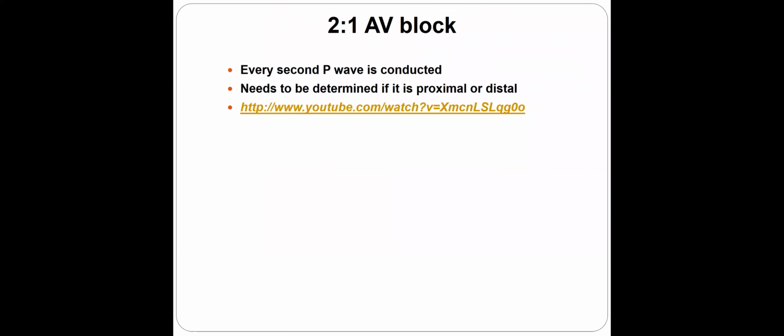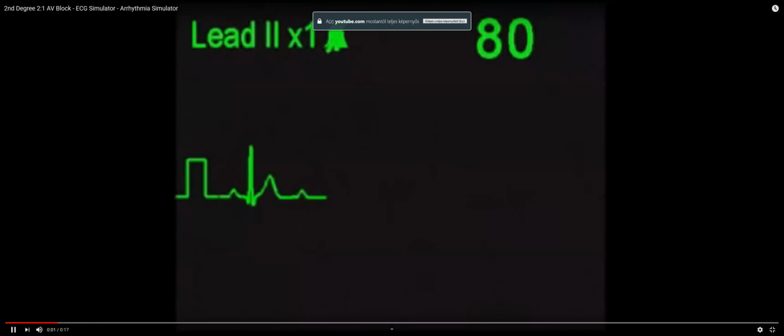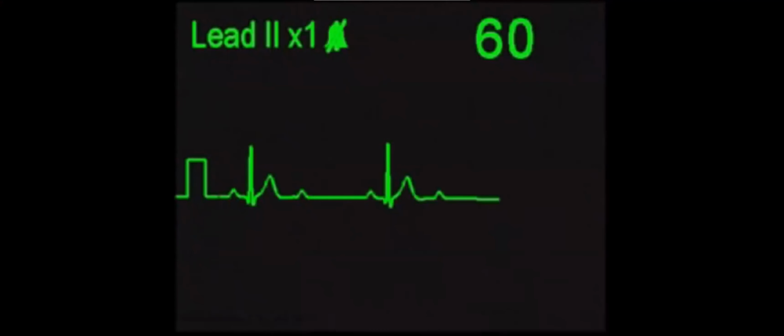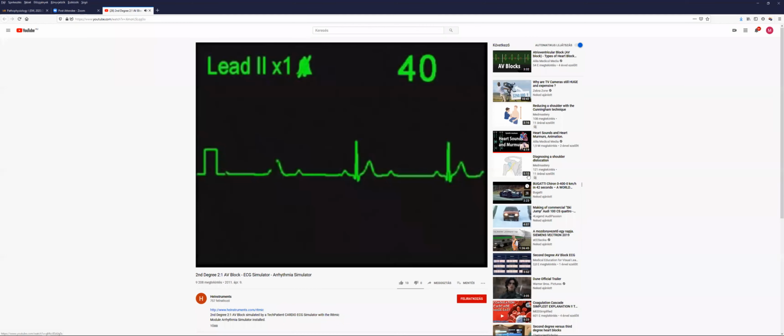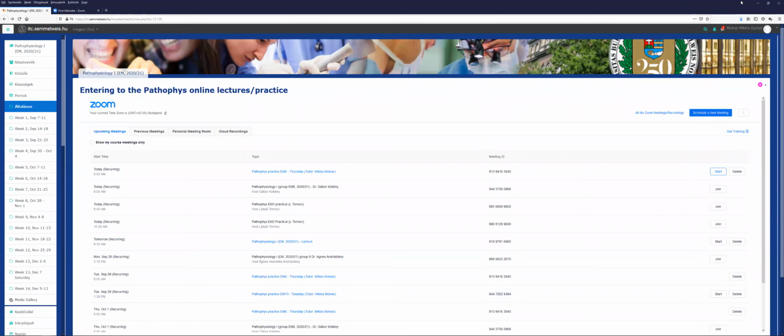Now, we do have a 2-to-1 block, very simple. Every second P is conducted, and the PR interval is equal. It can be Mobitz type 1 or Mobitz type 2, but it is difficult to diagnose. Basically, we cannot diagnose whether it's Mobitz type 1 or type 2 because the last conducted PR and the first conducted PR are the same.